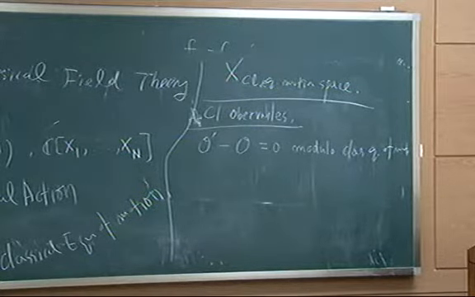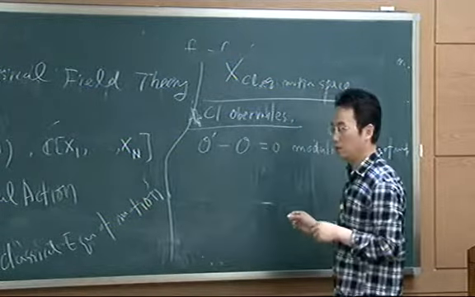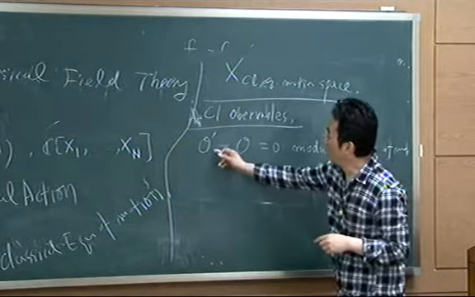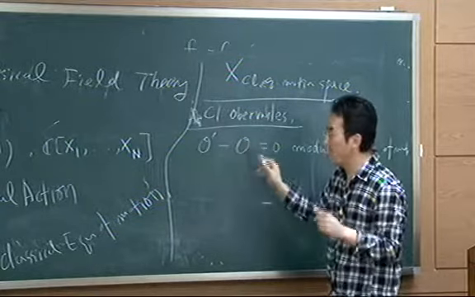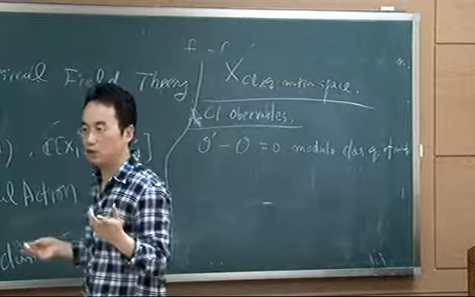What do I mean by their difference being 0 modulo the classical equation of motion? I mean that the difference O prime minus O vanishes on the classical equation of motion space.